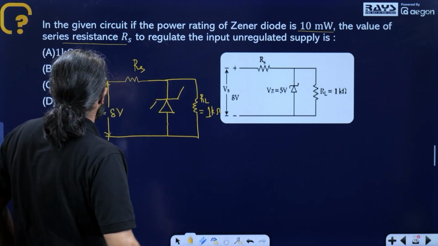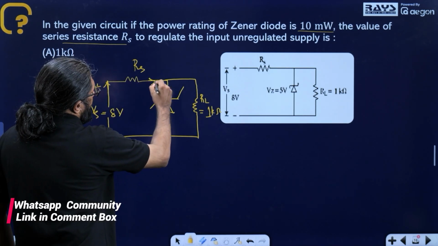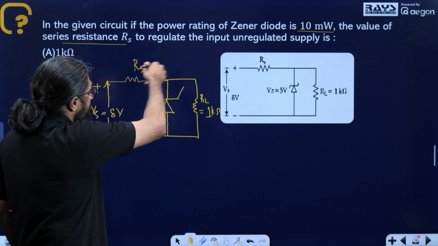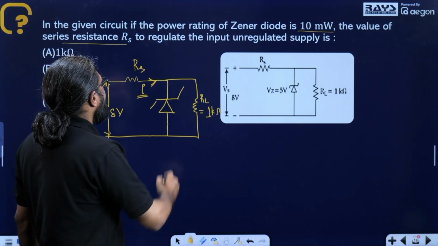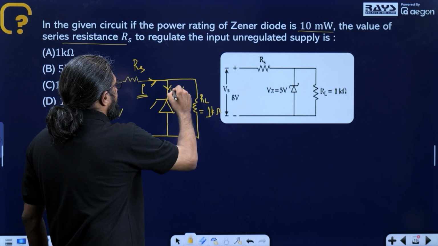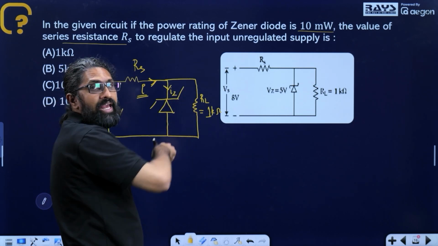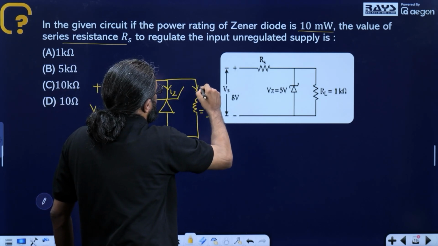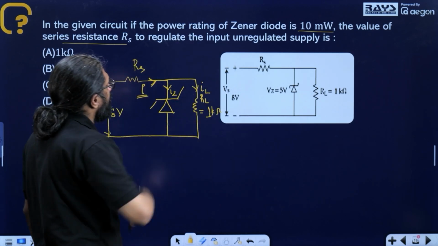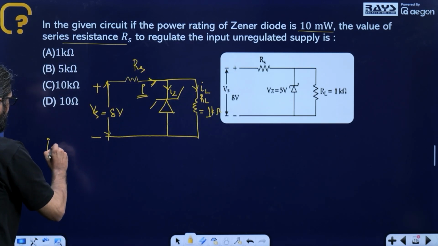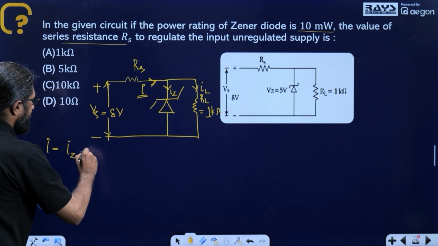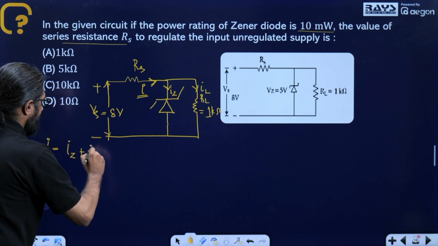Now, the point to note here is the current along this resistance, in this arm. There will be an IZ current through the Zener diode, and then there is a current IL through the load resistor. It's very clear from this circuit that I will be equal to IZ plus IL.